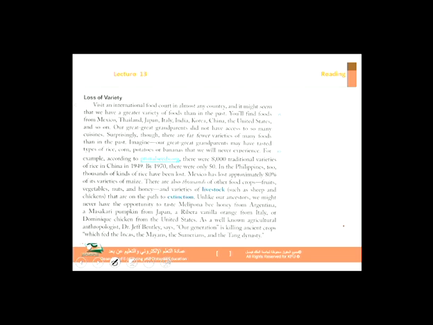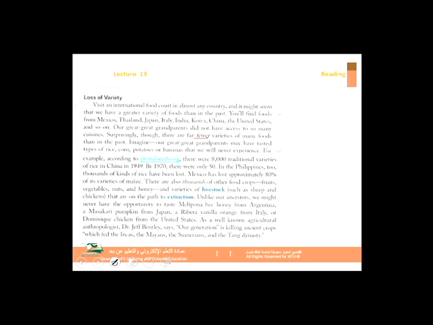Surprisingly, though, there are far fewer varieties of many foods than in the past. Imagine our great-great-grandparents may have tasted types of rice, corn, potatoes, or bananas that we will never experience.